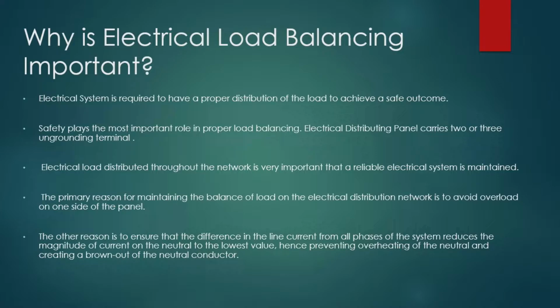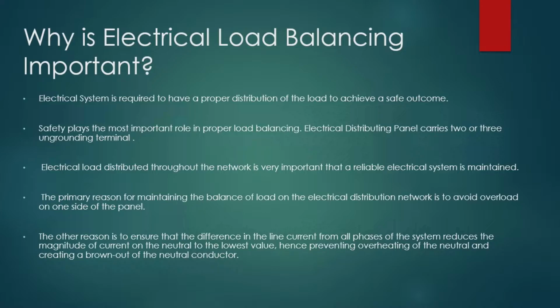It will create a condition for failure on the electrical system because it would be carrying too much capacity on one side, causing a major burn down. So the primary reason for maintaining the balance of the load is to avoid overloading on one side of the panel.